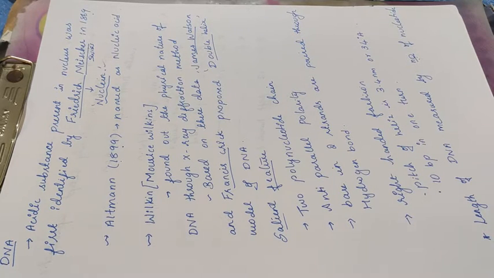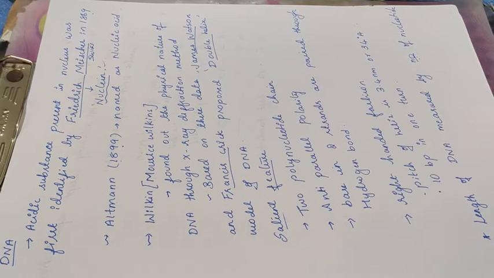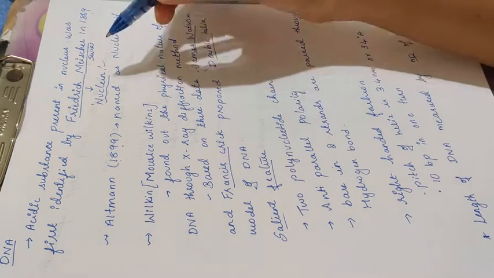This acidic substance present in the nucleus was first identified by a Swiss biochemist, Friedrich Miescher, in 1869. He was investigating the action of pepsin on pus cells, and the undigested residual compound obtained from the nuclei of such pus cells showed this acidic substance, and he called it nuclein.